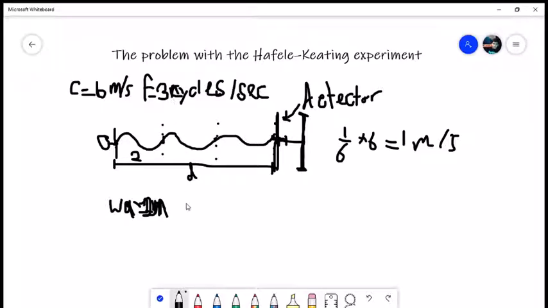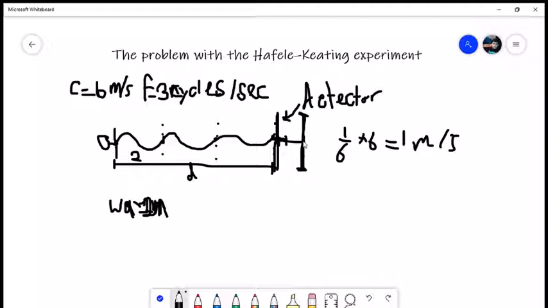So now that we know this, how do we find the formula? When these 3 cycles pass this position, the detector would have moved. So after how much distance will this point of the 3 cycles actually reach the detector?